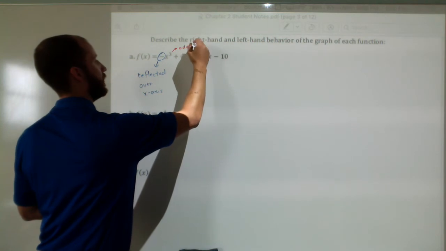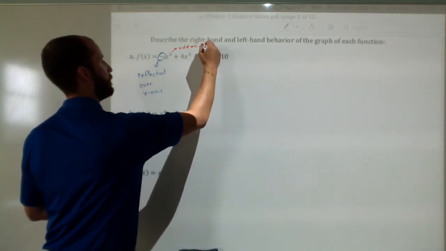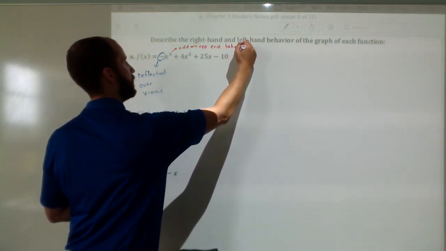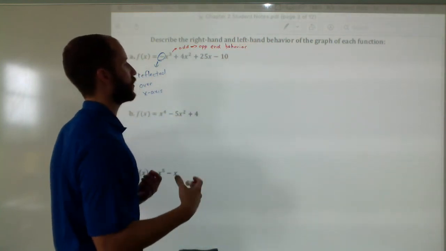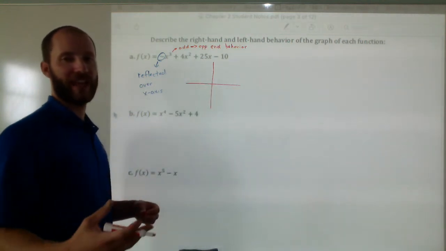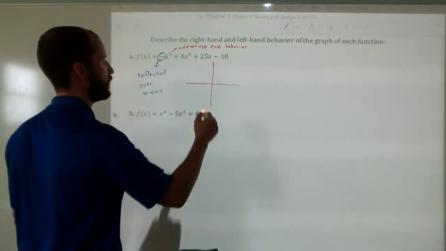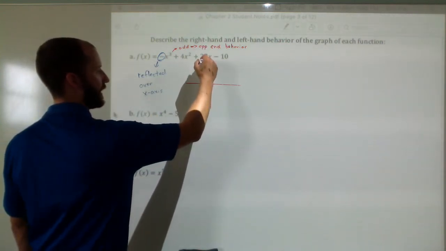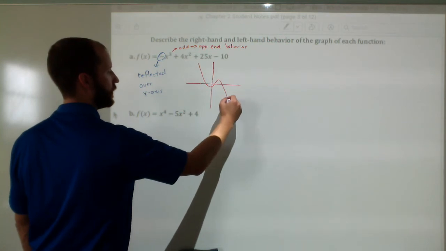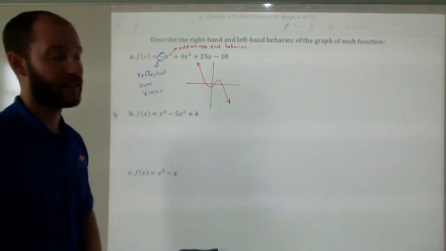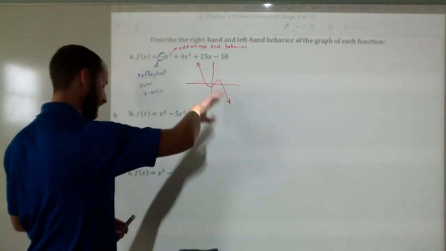That's an odd function, so that means opposite end behaviors. If we were to get a quick sketch of this cubic function, it doesn't have to be perfect, just the general shape. Because it's a negative leading coefficient, it's reflected over the x-axis. It could very well look something like that. It's going up to the left and down to the right.